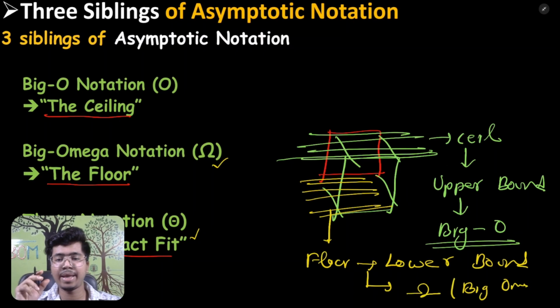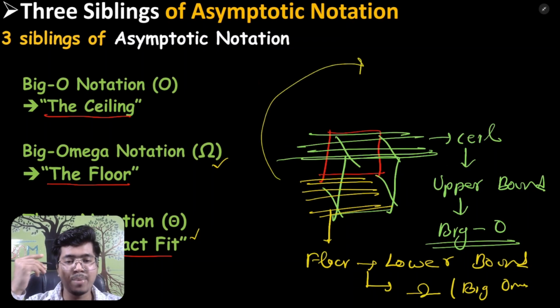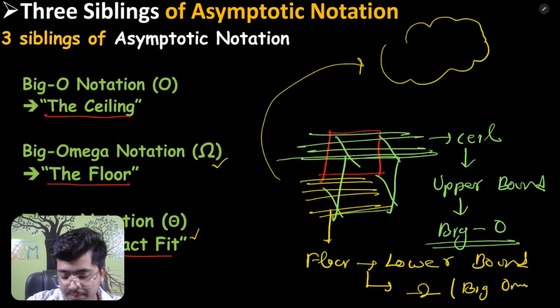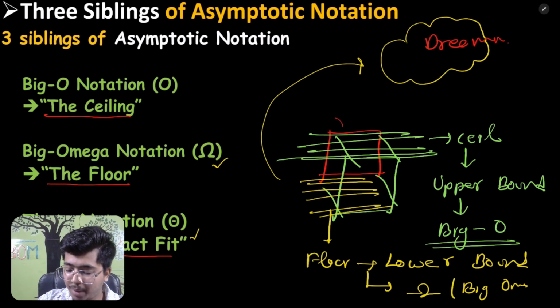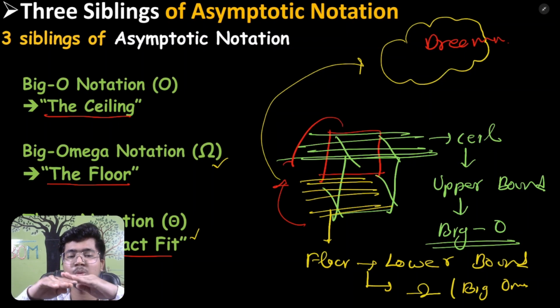And now let's say something about exact fit. Let's say we are dreaming, and in our dream the upper bound and the lower bound became one. That means our room came into just one line.